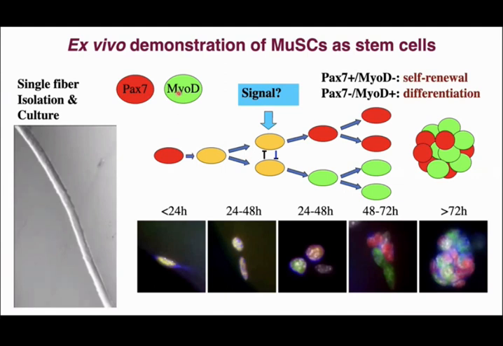But it gives a concept: you can express a single transcription factor to make one cell type into another cell type. And this is the first study in the literature showing cell fate can be reprogrammed by a transcription factor, which is MyoD here. So we use both these markers to mark stem cells.